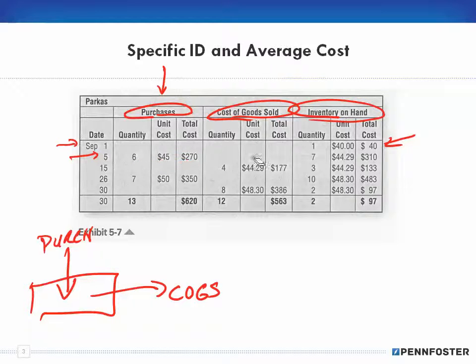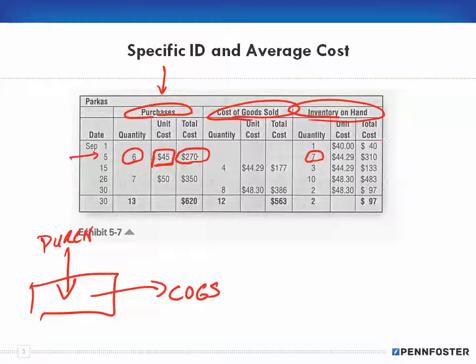So on September 5th, we buy 6 more at 45. The 45 is what's important here. Yes, our total cost on the invoice is going to show $270. When we look at now the quantity, we know we have 7 in that box.